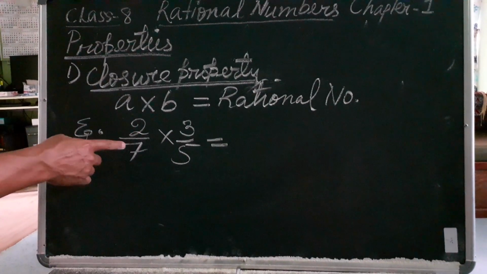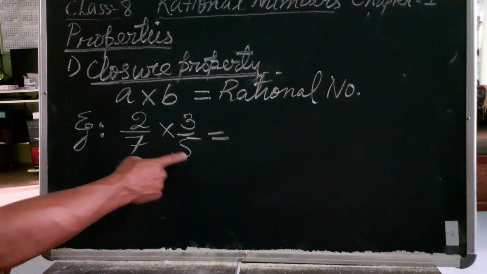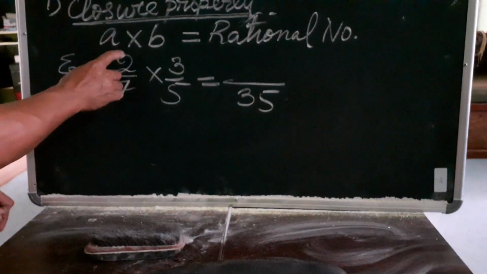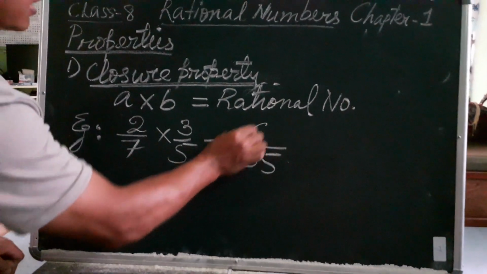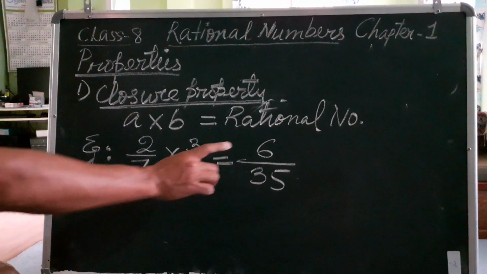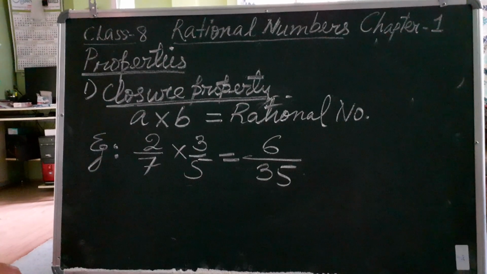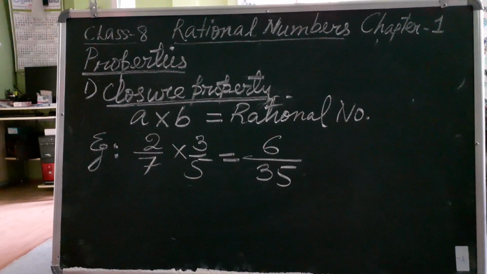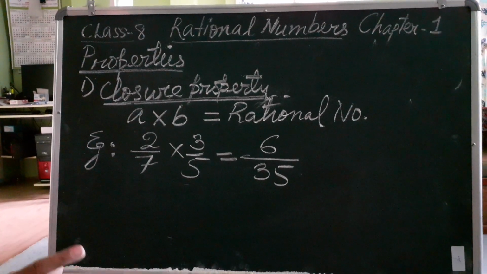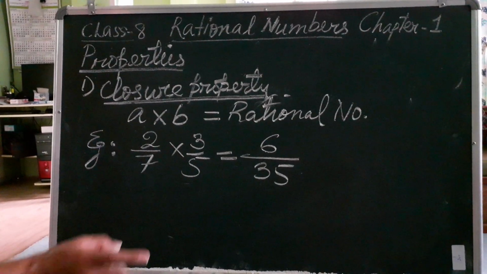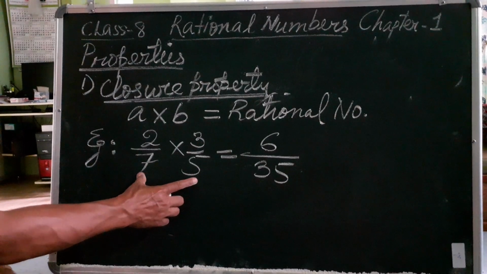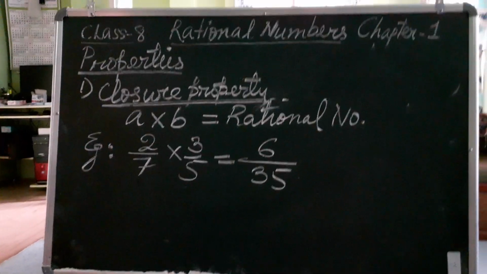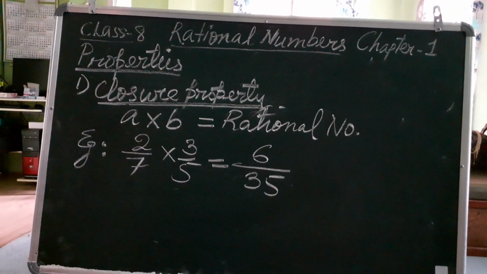When you multiply rational numbers, multiply the denominators: 7 into 5 is 35 and 2 into 3 is 6. So 6 by 35 is a rational number. This is called closure property of multiplication. When we multiply two rational numbers, you get another rational number.